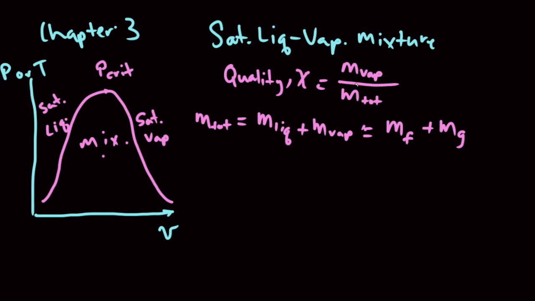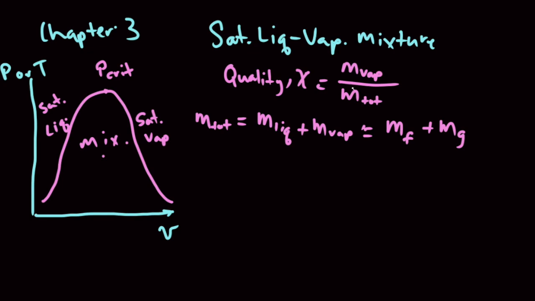The higher the number, the better, right? The more vapor, the more power potential we had in that quantity of liquid. So that's why it's skewed towards mass of the vapor over mass total, and the higher the percentage, the better from a steam engine power standpoint.